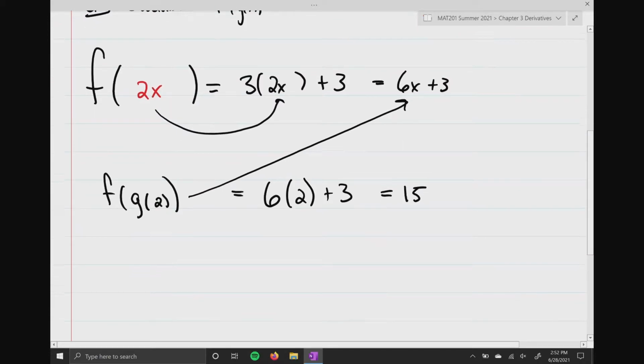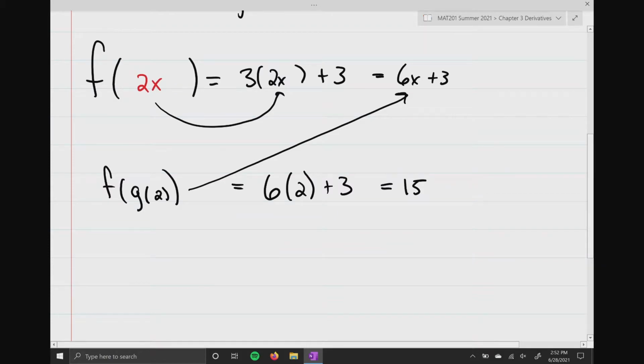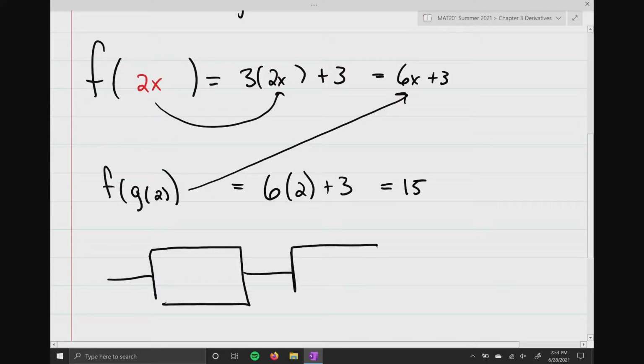The other way to think about this is using the function machine or the function calculator, as I like to call it, where what you have is nothing more than two computer screens, where the first calculator is g of x, and the second one is f of x. Now, notice the arrow goes from left to right here. So what I'm going to do is substitute a 2 right here.